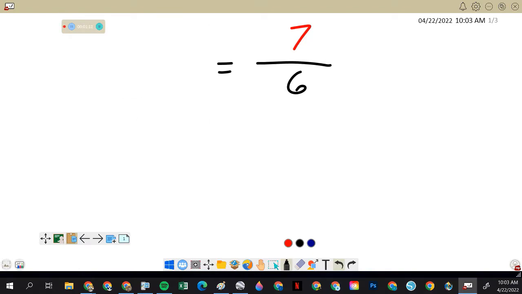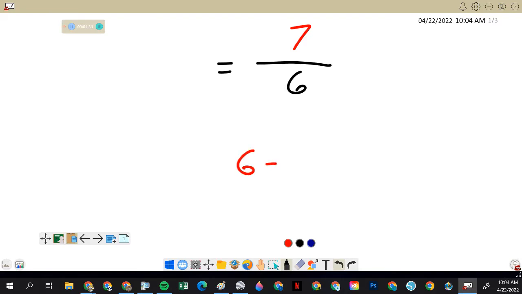Okay? If we start with the number 7 over 6, and I told you this fraction was created by adding other fractions together, can you figure out what fractions those were? Well, we need to look at 6.